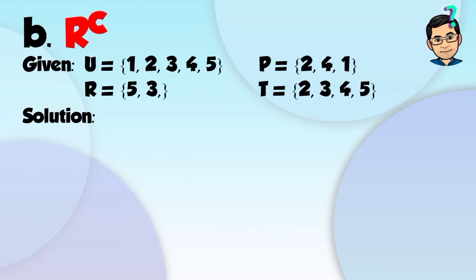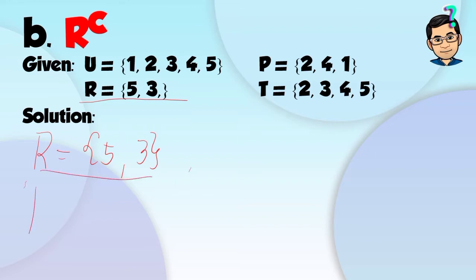So, let's have R complement. So, the elements of R are 5 and 3. So, lista lang natin, 5, 3. Now, so kung titingnan natin, ano ba yung mga elements na wala sa set R na makikita sa universal set?